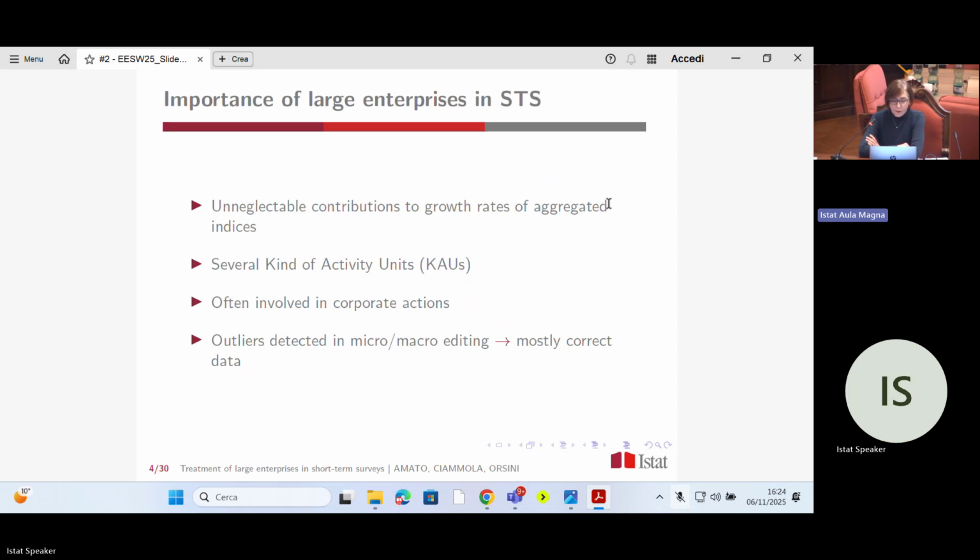They are often involved in corporate actions or events, and often outliers that are detected during data validation activities are mostly correct data, and they cannot be modified or adjusted, much less in an automatic way.